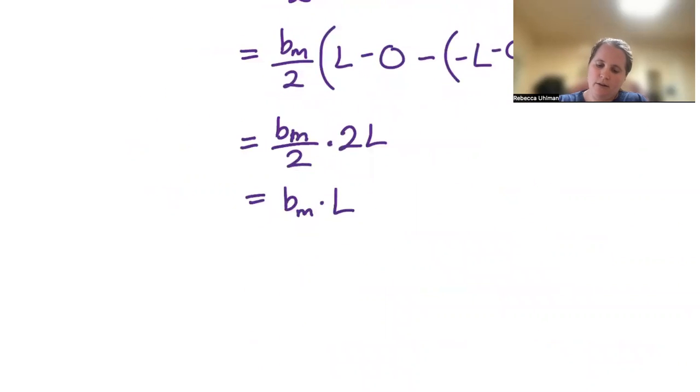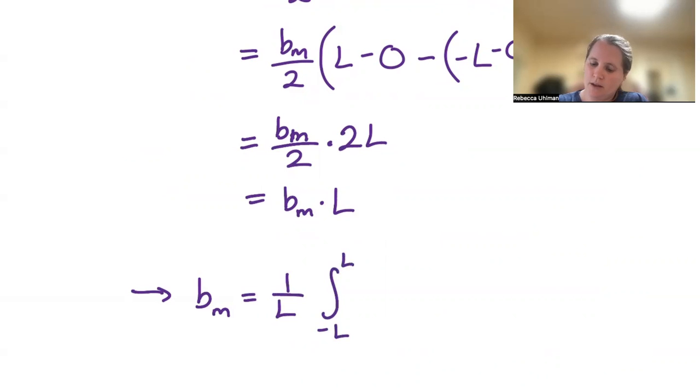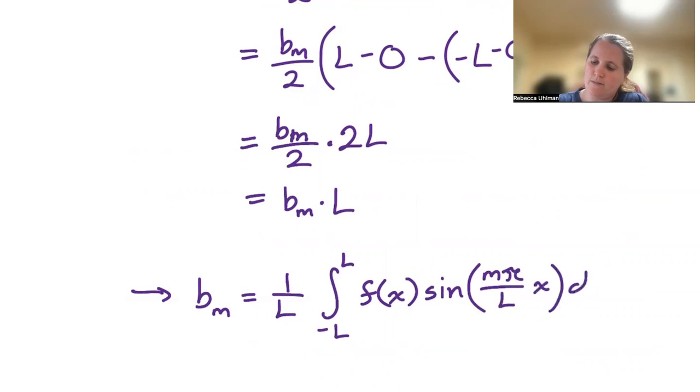Dividing through by L, we wind up getting that our b sub m should be equal to 1 over L times the definite integral from negative L to L of f of x times sine of m pi over L x dx. So this is just a useful trick to have.